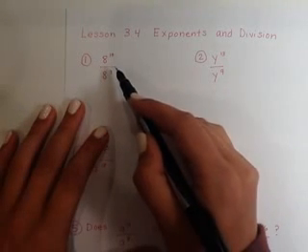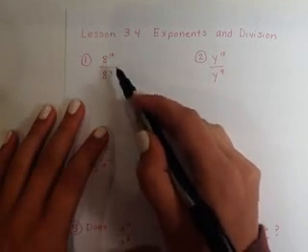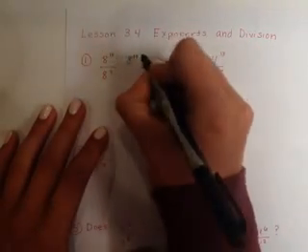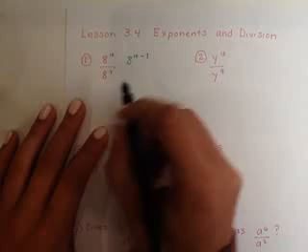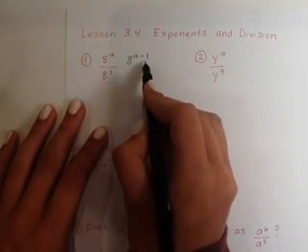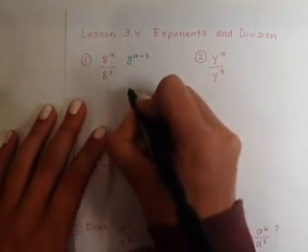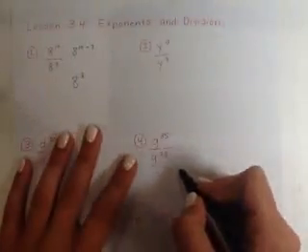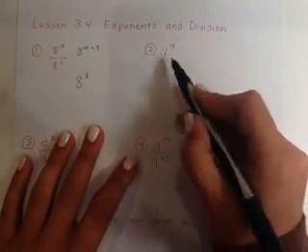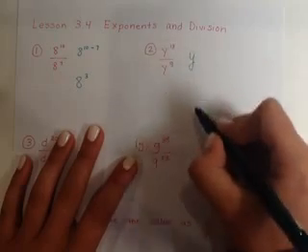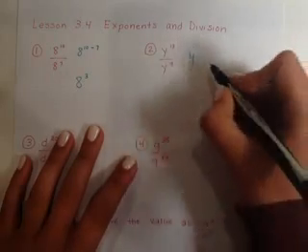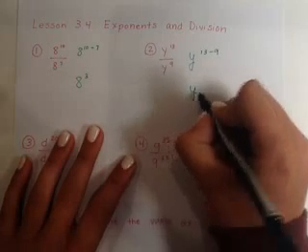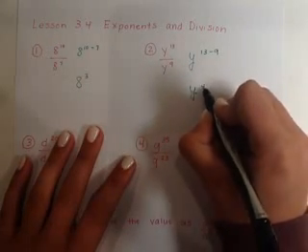Remember this bar. Think of this bar as division. You will subtract the exponents. So this is 8 to the 10th minus 7. Our base is 8. You subtract 7 from 10, which is 8 to the 3rd power. Same base as y. Division, so you subtract 13 minus 9. This will be y to the 4th power.